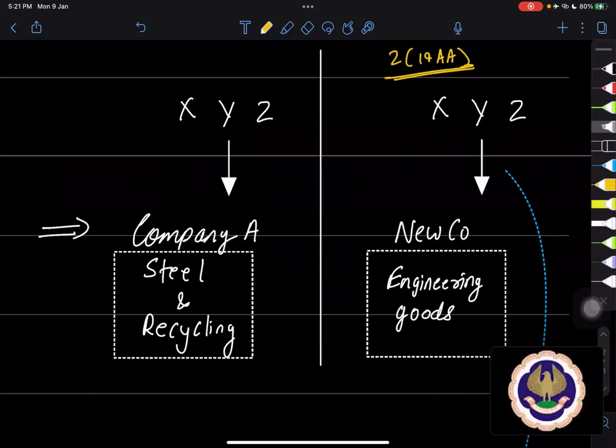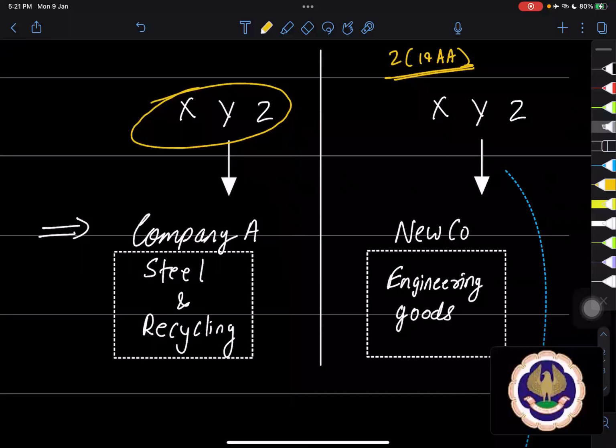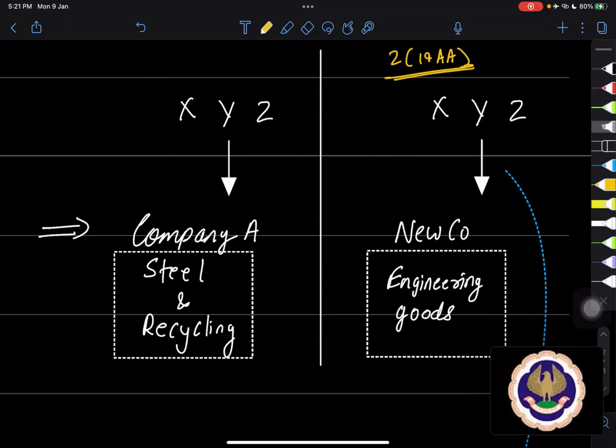One of the conditions is that 75% of the shareholders in value of company A, let's say X, Y, Z, assuming they are holding shares in the same proportion, should become shareholders of the resulting company. Company A is the demerged company. NewCo is the resulting company.